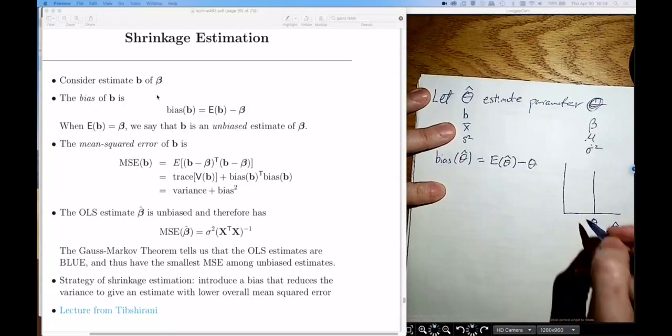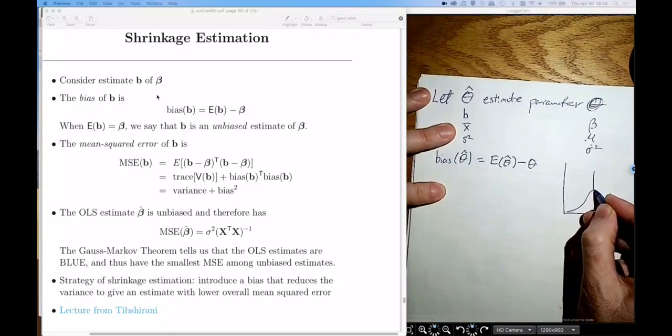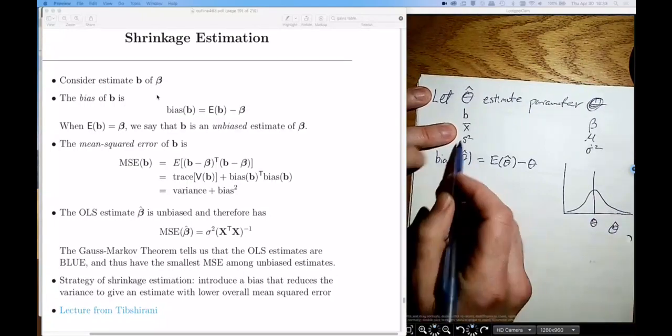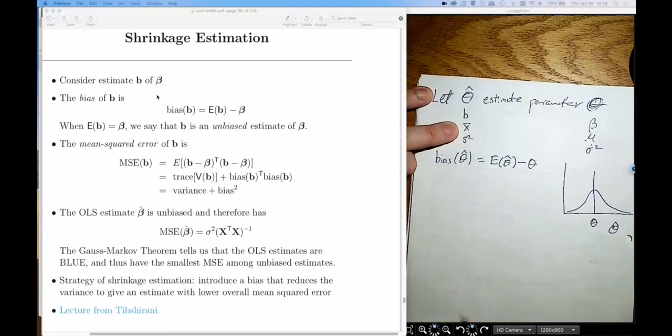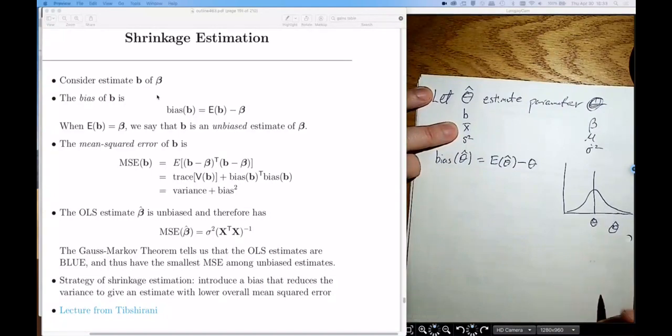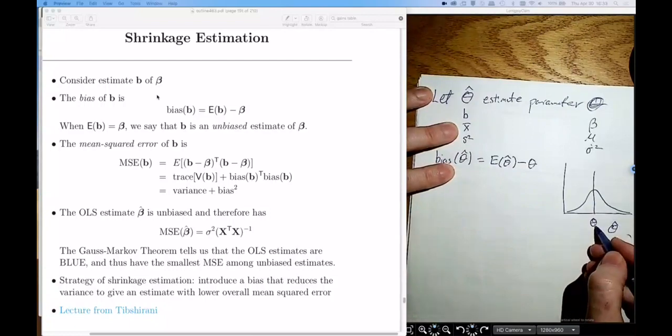Now, this is a sampling distribution of this statistic, like the distribution of x bar. Across different samples, I would get different sample mean values, and those follow a normal distribution. The point I want to make is that this distribution is centered around theta.